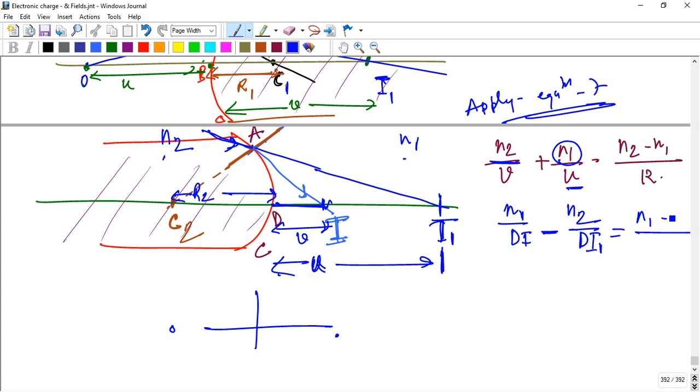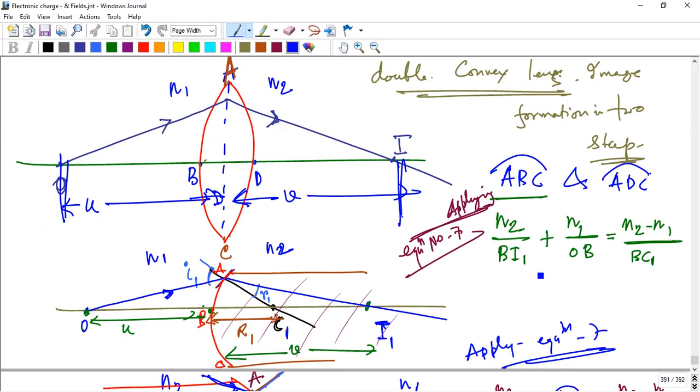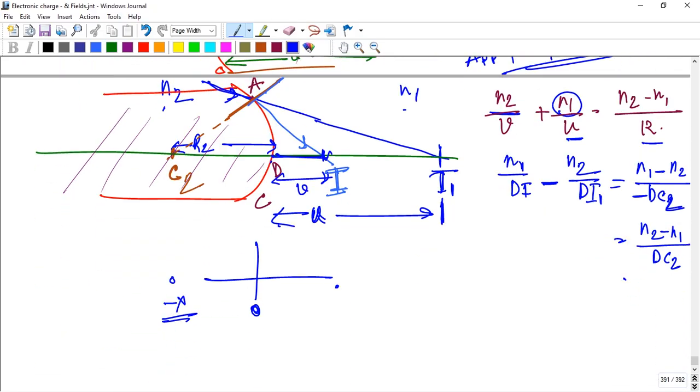So N1 minus N2 by DC2, and changing the sign because of the left side sign convention, N2 minus N1 by DC2. That's very important. That's equation number 8, and that is equation number 9.